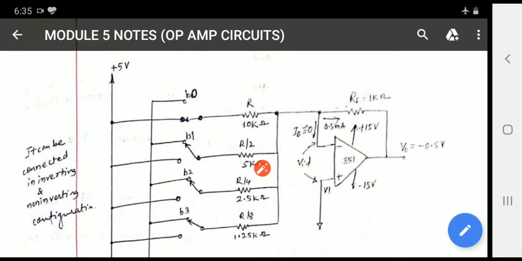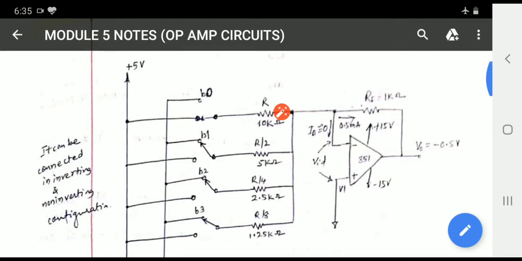Here the weight of the B1 position is divided into the input resistor of B0, or you can also multiply it. It depends on the requirement of the design. Here it is divided, but you can also multiply. So since B1 has weight 2, the input resistance is R by 2.